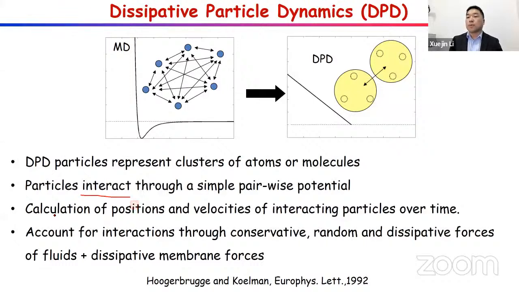Also, in DPD simulations, we calculate the position and velocity of interacting particles over time, and account for the interaction through three pairwise forces, including the conservative, random, and dissipative forces of fluids, plus dissipative membrane forces.